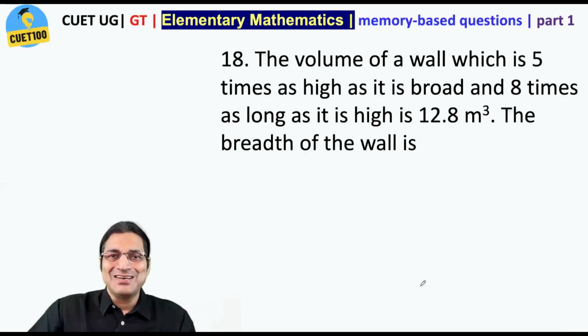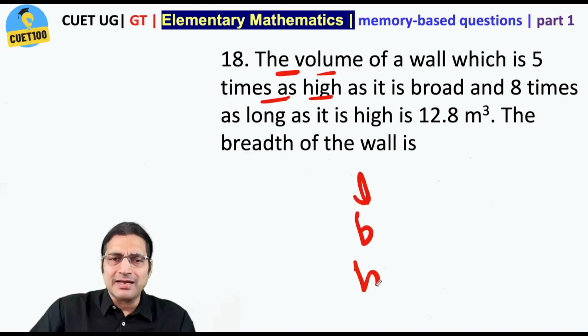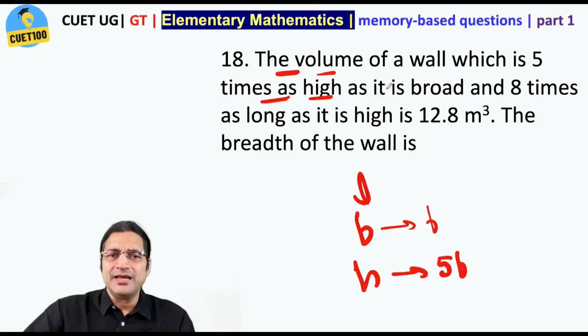All right. Okay. The volume of a ball which is 5 times as high as it is broad. Okay. Length, breadth and height. So, if it is B, height is 5B. Okay.